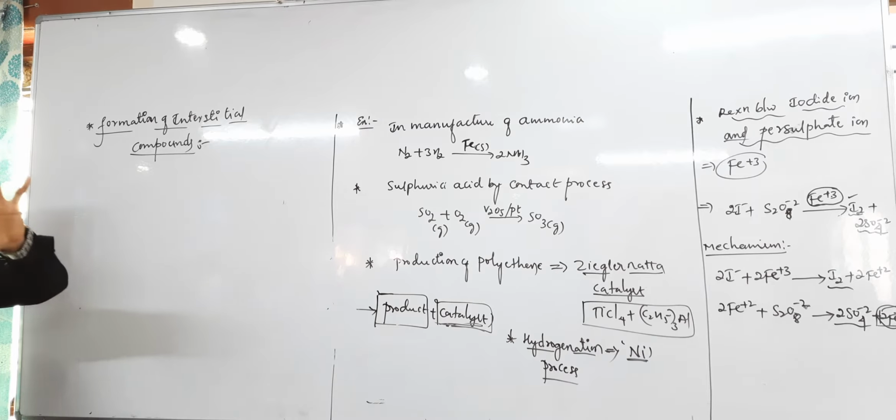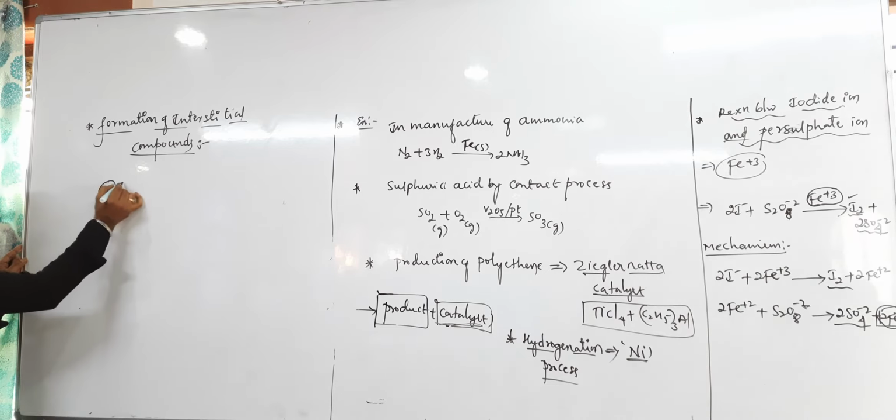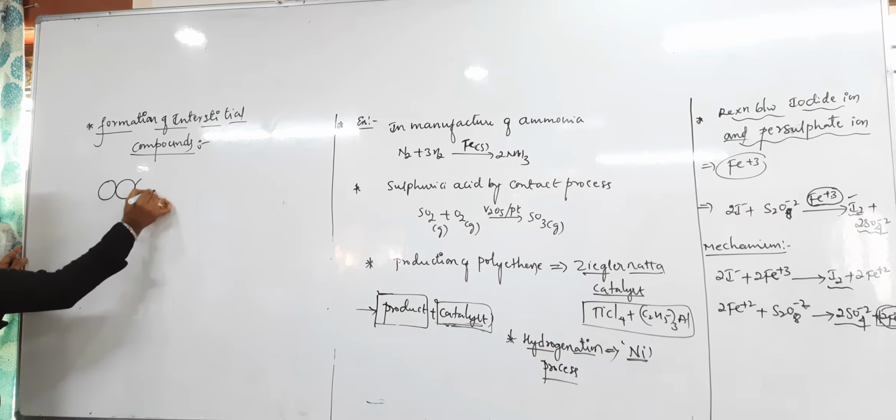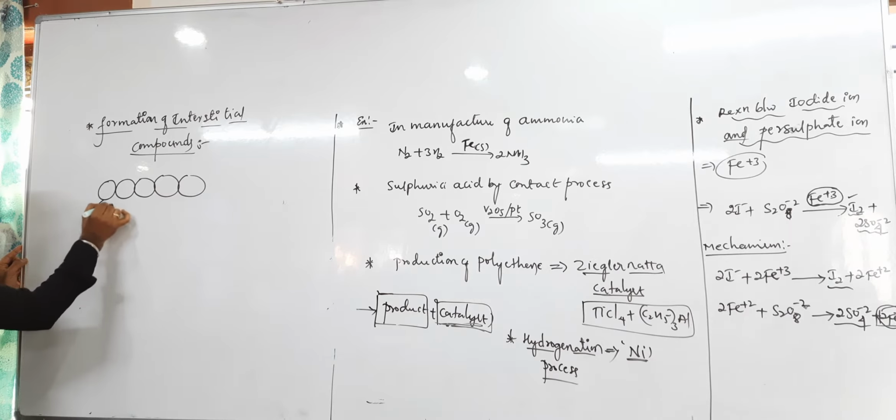They will have voids, empty voids. Okay, so that is interstitial sites. Okay, you just think of that, I would have the metal crystal lattice here. Okay, so like that we would have here.